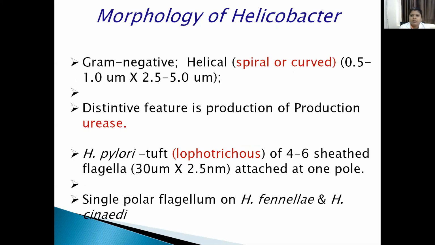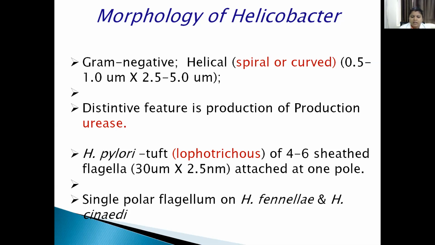Morphologically, Helicobacter are gram-negative helical structures measuring about 0.5 to 1 by 2.5 to 5 micrometers. The most important characteristic feature of Helicobacter pylori is the production of urease, because of which it can most of the time be diagnosed.